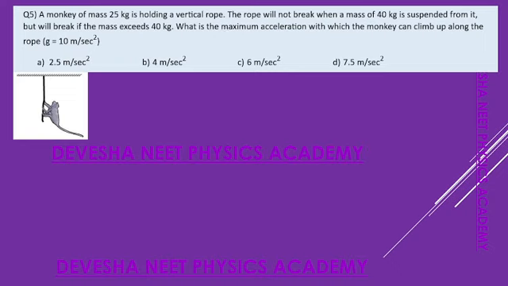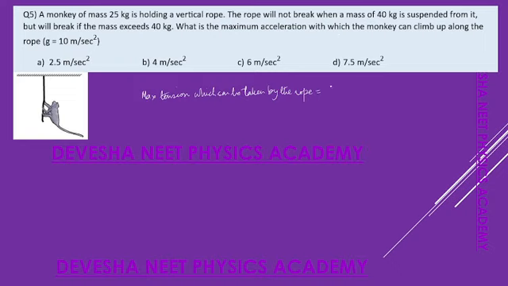So in this case, what is the maximum tension possible in the rope? The maximum tension which can be taken by the rope is equal to 40 kgs into 10.